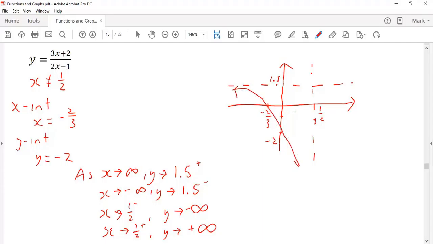But in your graph, it should go more towards the asymptote. And then from analyzing the other side of it, so on the right side of a half, we know it heads towards infinity, so it's just going to keep going up there. And as x heads towards infinity, it heads towards 1.5 on top of it. So we know it's going to go up there.